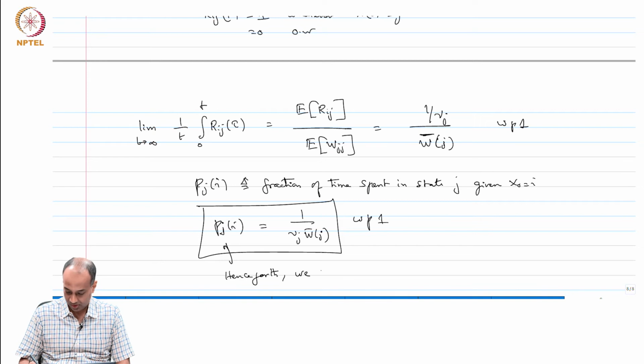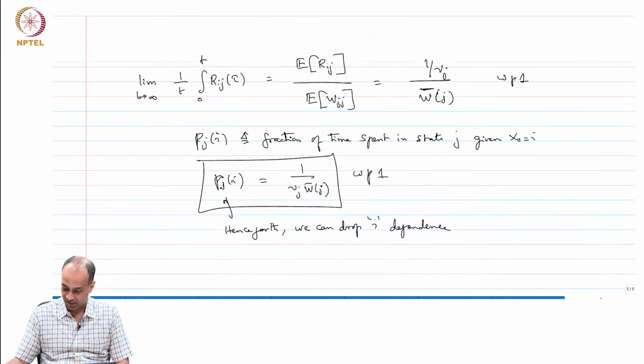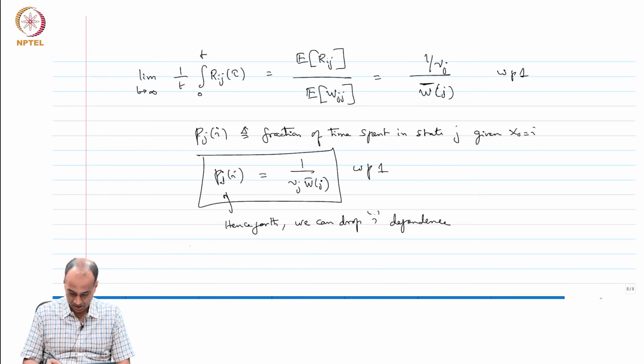We can drop the i dependence, and then say that Pj, which is the average fraction of time spent in state j, is simply 1 over nu j w bar of j.